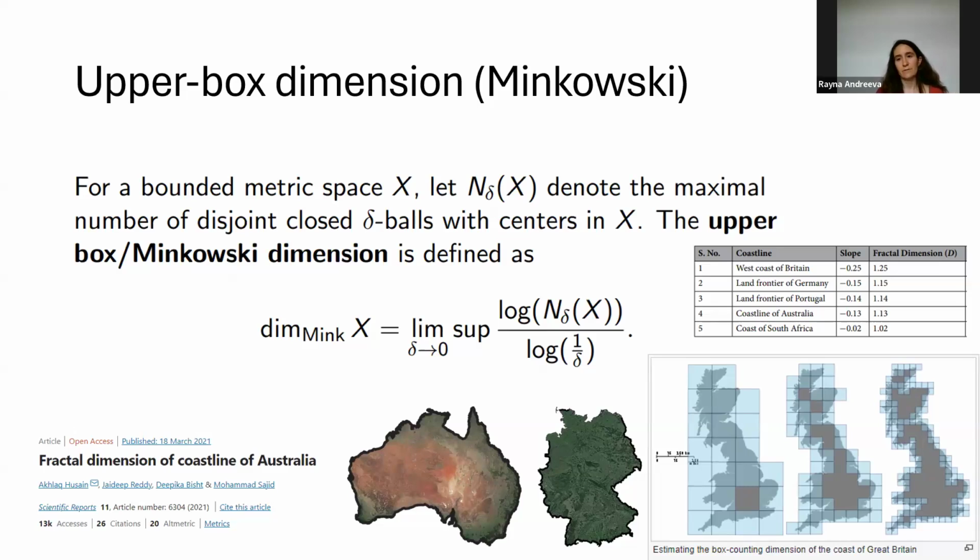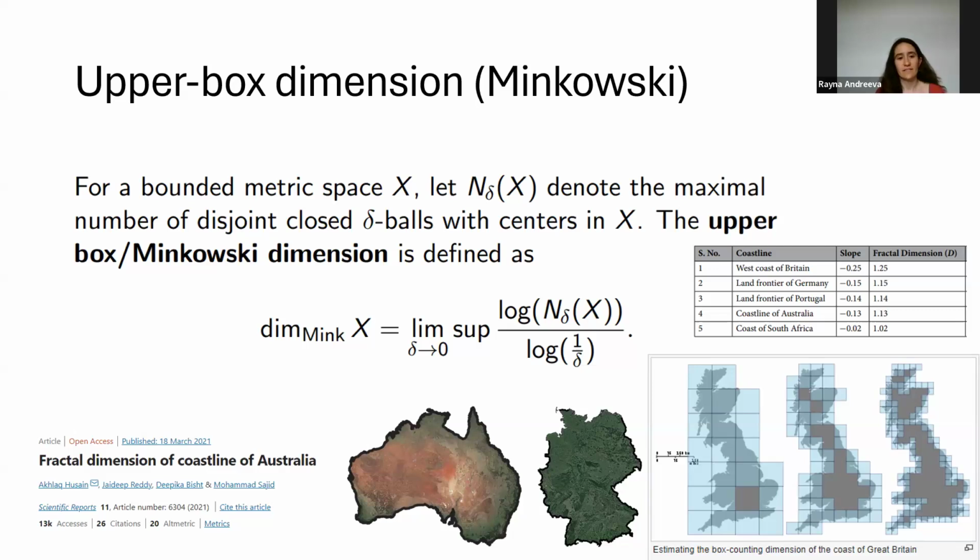If we start with the coastline of Britain and we start with large size squares, we count how many squares cover it, then we keep decreasing the size and we count again how many squares cover it, and we recover the Minkowski dimension by taking the limit as delta goes to 0 of the sup of log of the number of covering squares over log of 1 over delta.